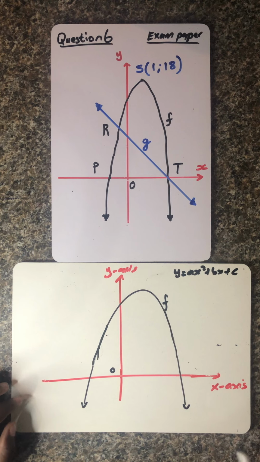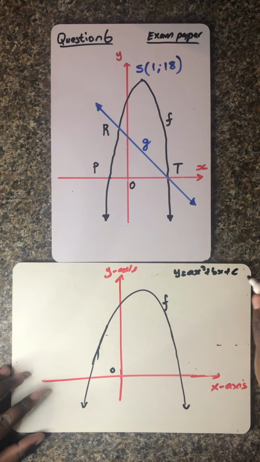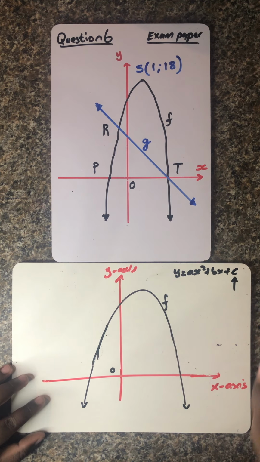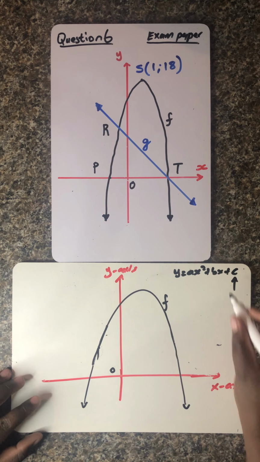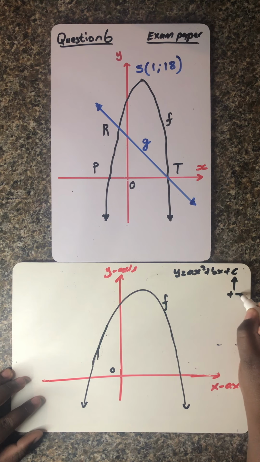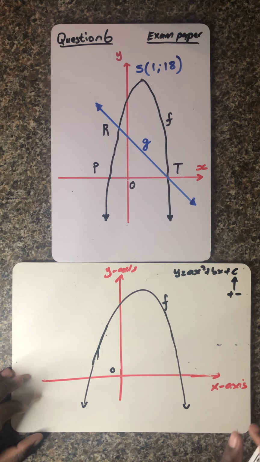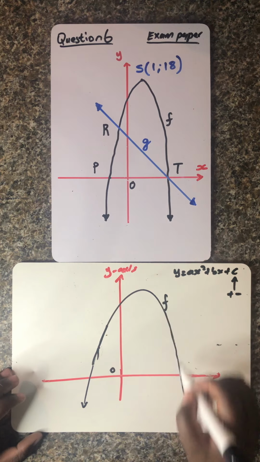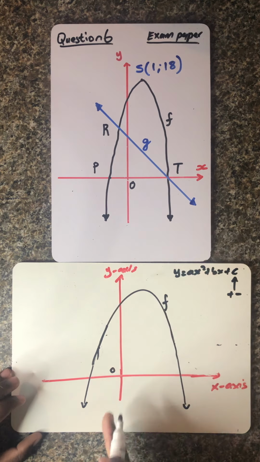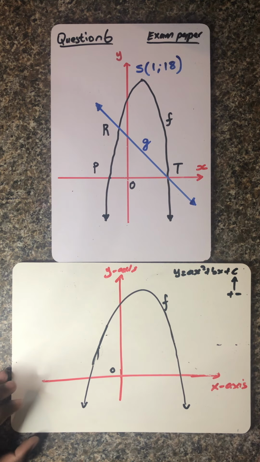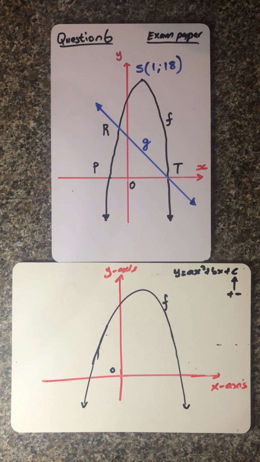With regards to the value of c in terms of positive or negative, I just want to quickly indicate to you that the value of c refers to where the parabola touches the y-axis. I'm not sure if I've explained it in the simplest way such that you understand.